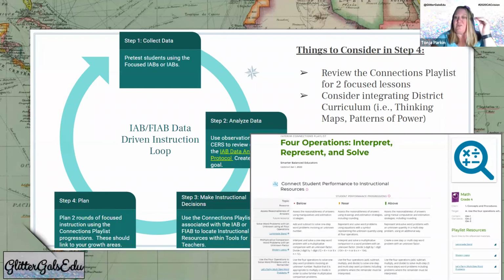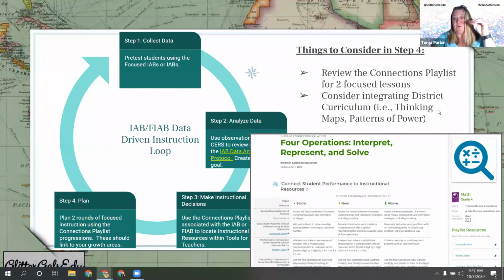If a 4th grade student is below standard, we're not now giving them 2nd grade curriculum. We are giving them 4th grade curriculum differentiated for a 4th grade learner who is working below standard. So we really wanted to make sure that our lessons had those as well.